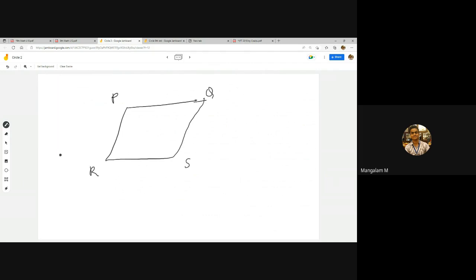Let us suppose there is a quadrilateral, right? This is quadrilateral PQRS. If angle Q plus angle R is equal to 180 degrees, it means that the quadrilateral PQRS is cyclic, right? If the sum of opposite angles of a quadrilateral is 180 degrees, it means that the quadrilateral is cyclic.